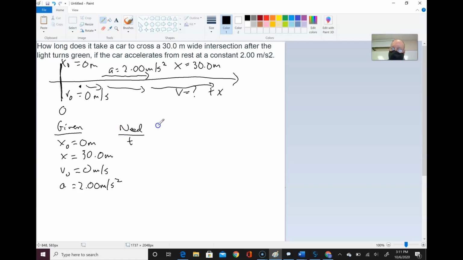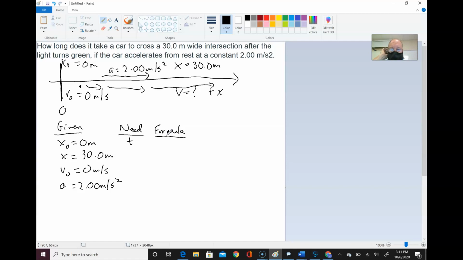My first question is, do I have time or do I need time? And if I say yes, then I can't use that last formula. My second question is, do I have an acceleration or a constant velocity? And I don't have a constant velocity, so I also can't use x equals x0 or x equals x0 plus vt, right?